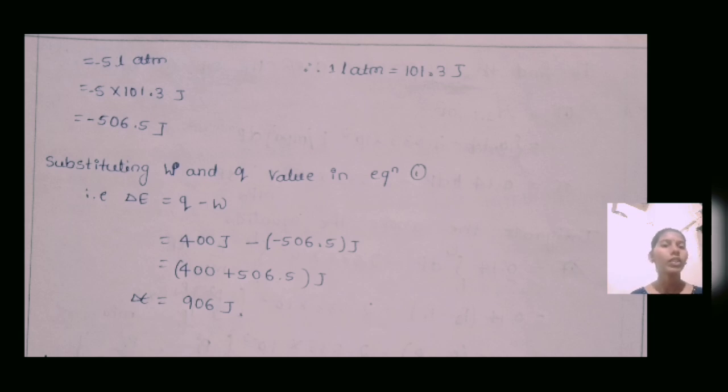Substituting the W and Q values in equation number 1, it becomes 400 joules minus bracket minus 506.5 joules, that is minus of minus is equal to plus, so 400 plus 506.5 joules, it is equal to 906 joules. Change in the internal energy for this problem is equal to 906 joules.